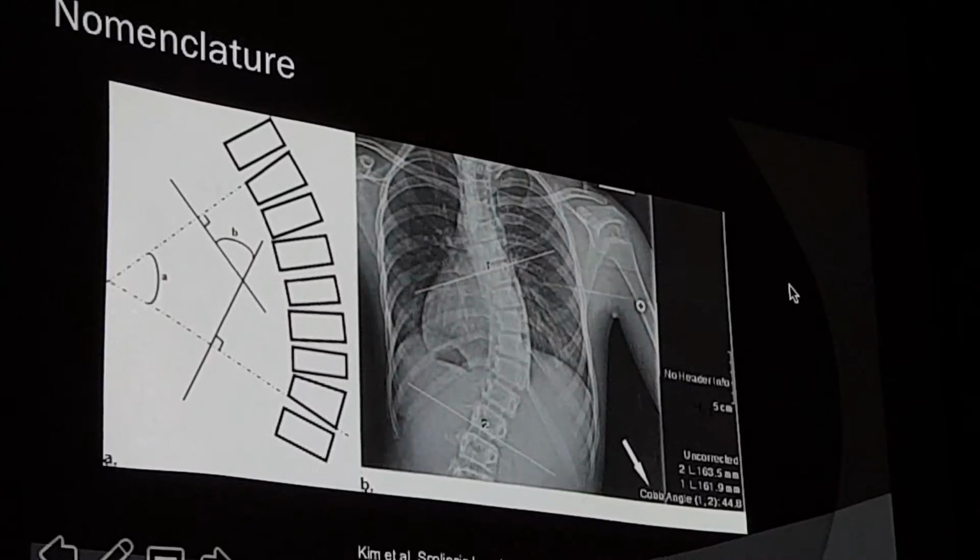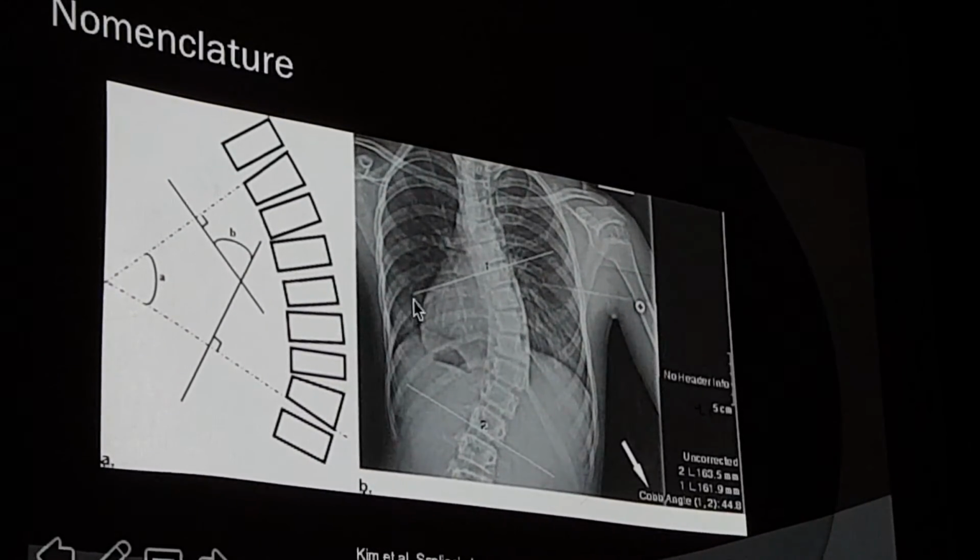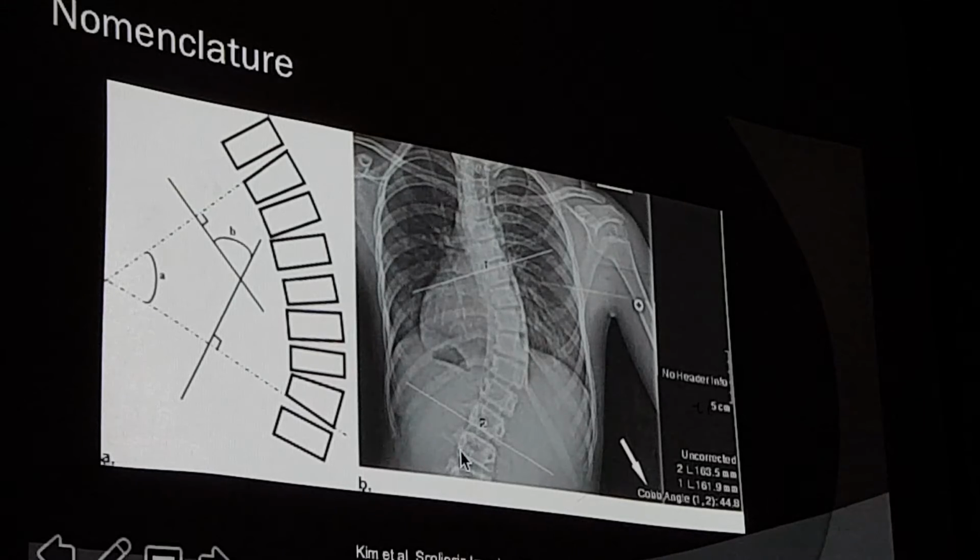curve. What if, like here, in this particular case, what if your angle will meet outside the plate? How will you be able to measure that?